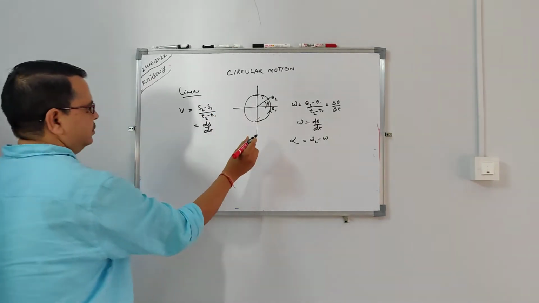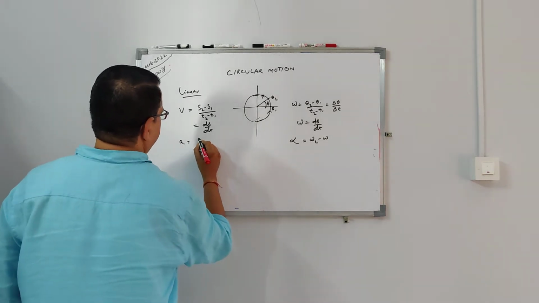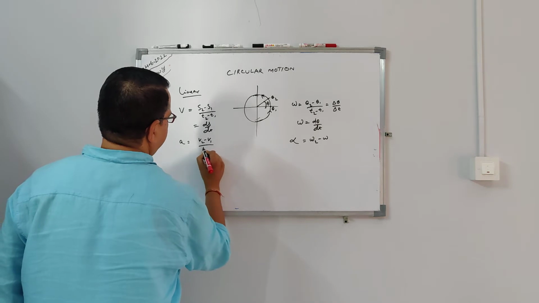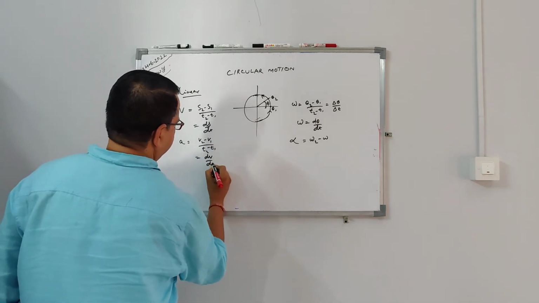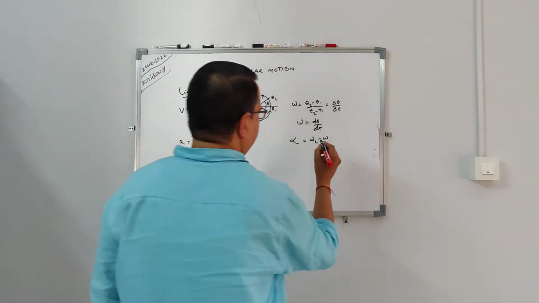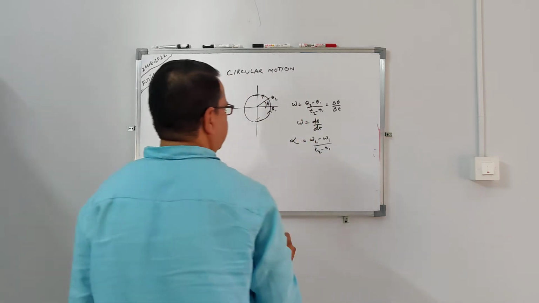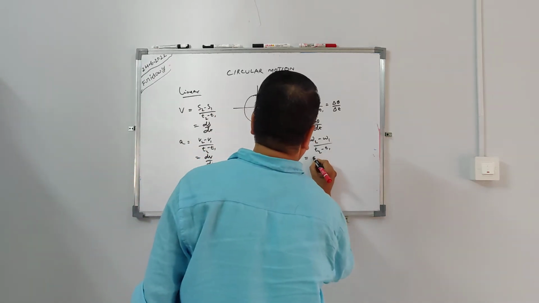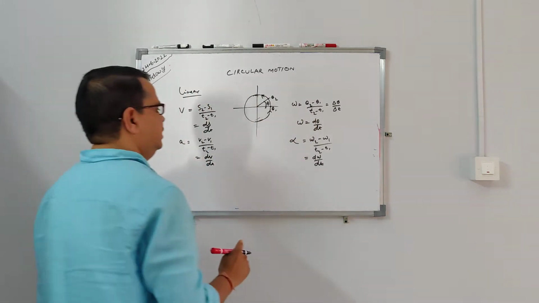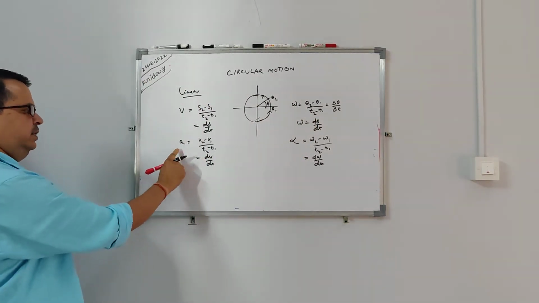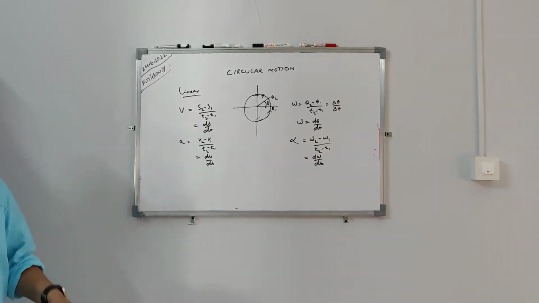And the linear acceleration is v2 minus v1 divided by t2 minus t1, otherwise dv by dt. Here angular acceleration is omega 2 minus omega 1 by t2 minus t1, which can be written as d omega by dt. So linear acceleration is the rate of change of velocity, and angular acceleration is the rate of change of angular velocity.